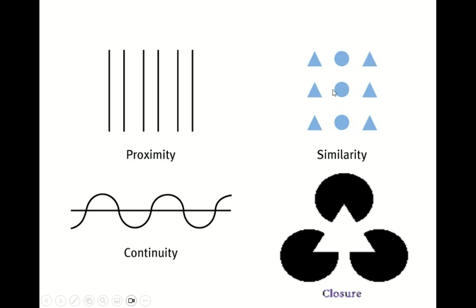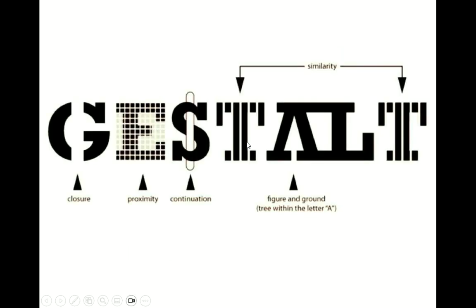You may not see rows. Continuity, you may perceive that as one continuous line, even though they may not necessarily be continuous. You may see a triangle when there is no triangle. Oh, I'm sorry, closure. Closure, your mind fills in the gaps. Okay? Take a look at that.